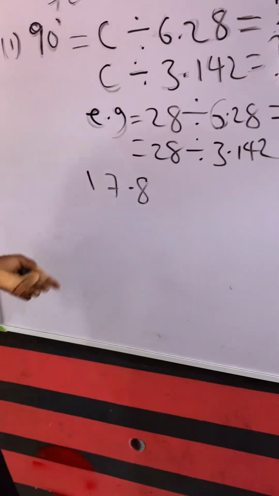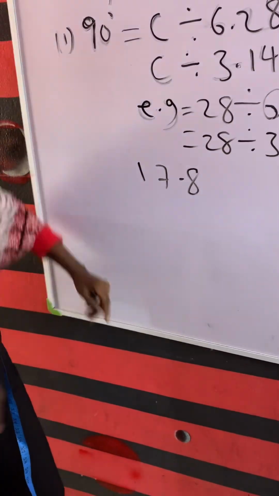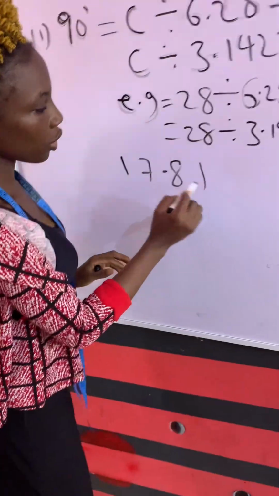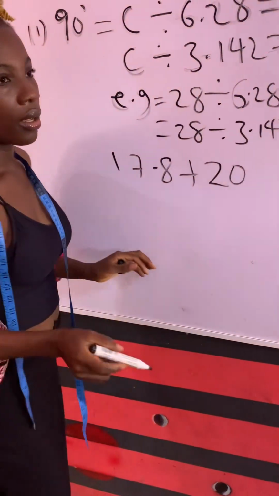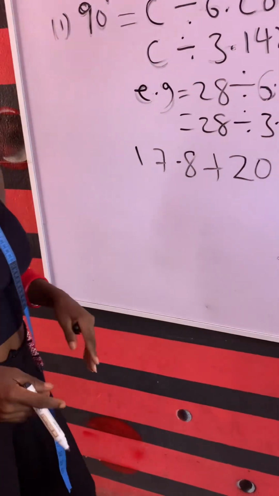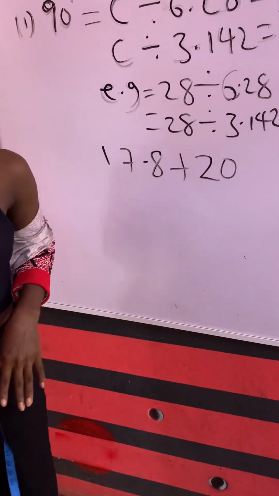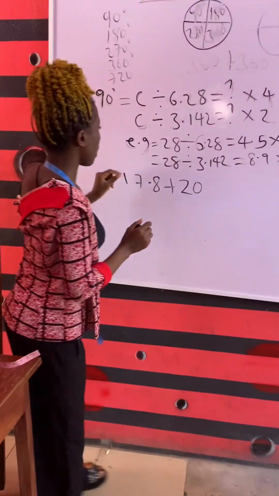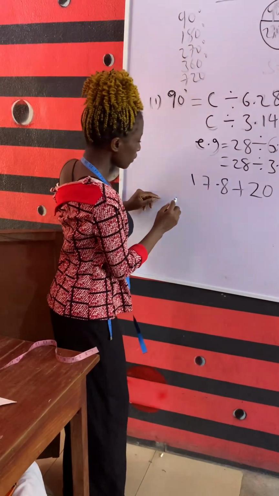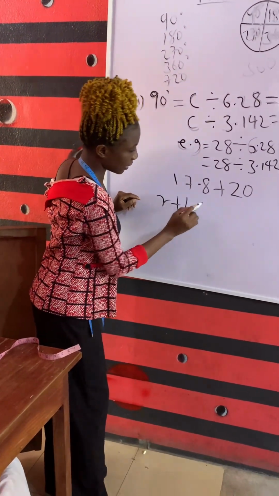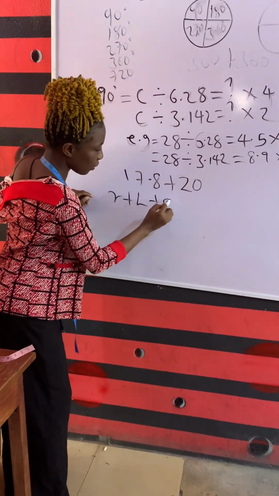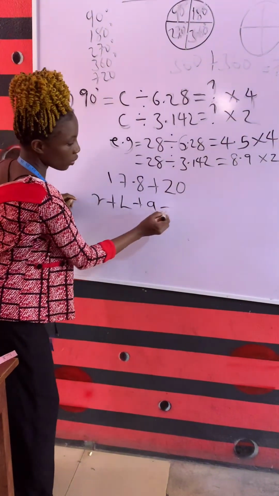Assuming my length is 20, 17.8 plus 20. If you want to add an allowance to it, I'll assume your allowance is 1.5, that's for the hem or the turning. Now our radius plus length plus allowance equals what?